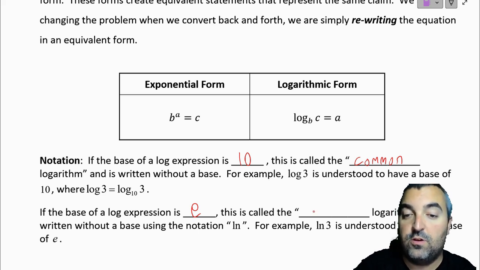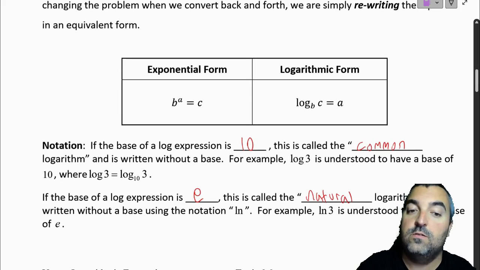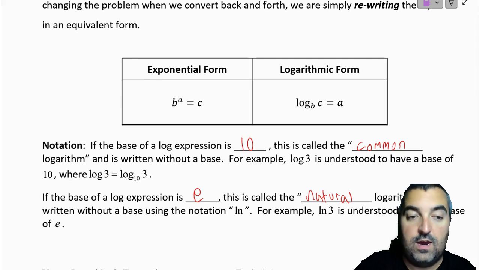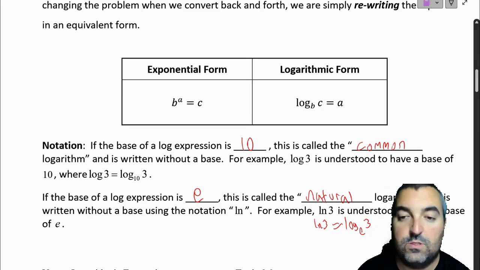But if it's the base of our log, we call it the natural log, and it is written without a base, but instead we use ln. So if you see ln of 3, it's understood that you have a base of e. In other words, ln of 3 equals log base e of 3.